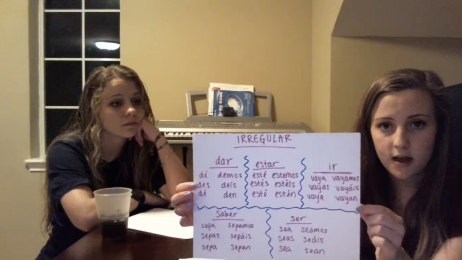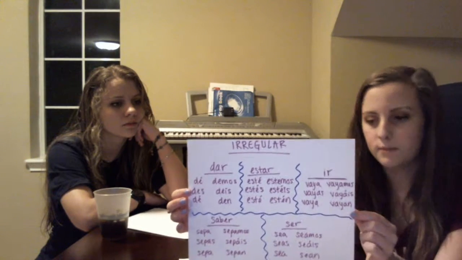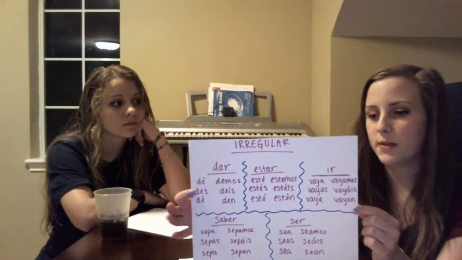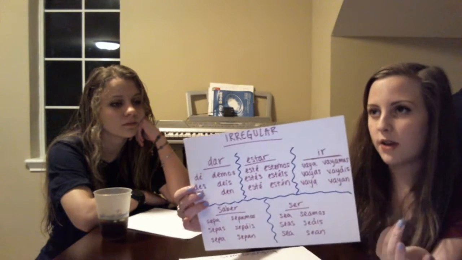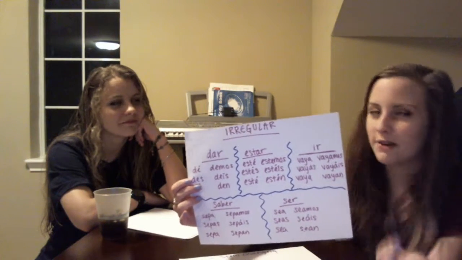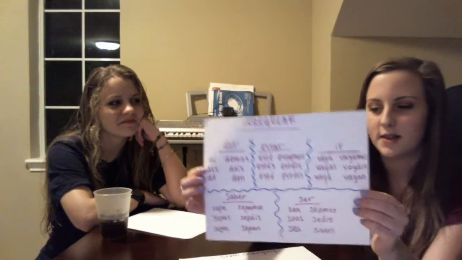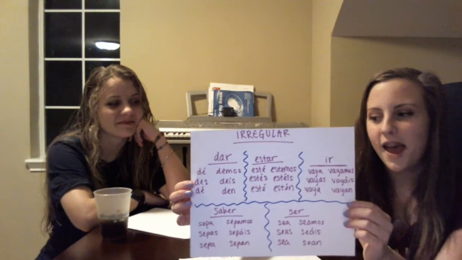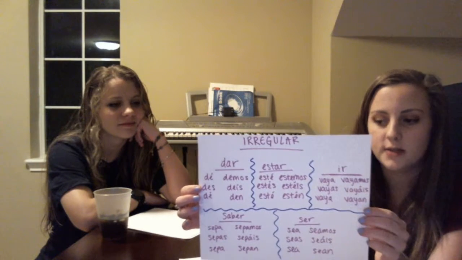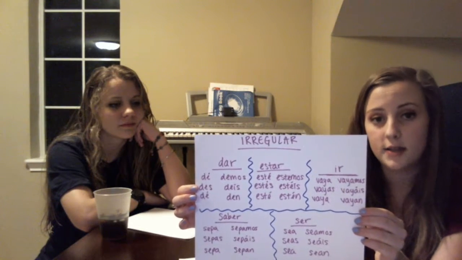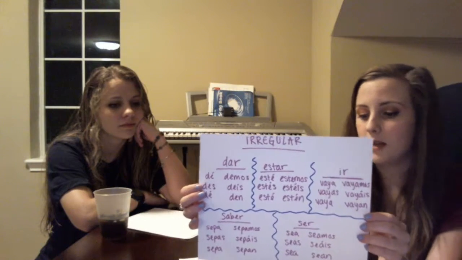Vaya, vayas, vaya, vayamos, vayáis, vayan. And the reason that there's a Y there is because it's an IR, it's going to end in an A, but because it's va, you can't say va. So you have a Y, so it's vaya to make it sound better. Makes sense. Yeah. And then you have saber, which is sepa, sepas, sepa, sepamos, sepáis, sepan, and then ser, sea, seas, sea, seamos, seáis, sean.